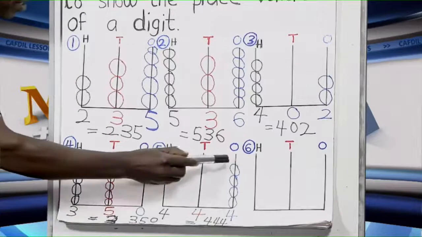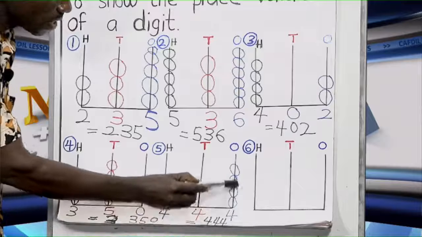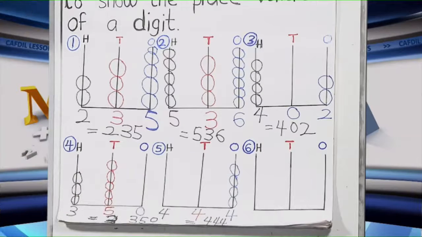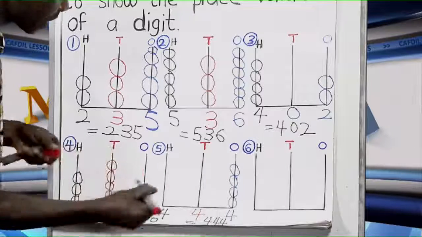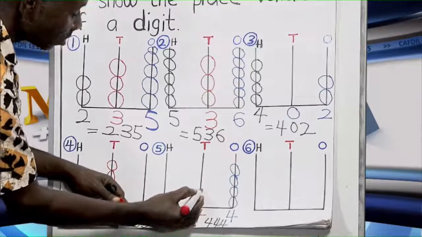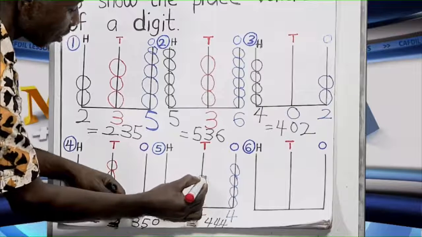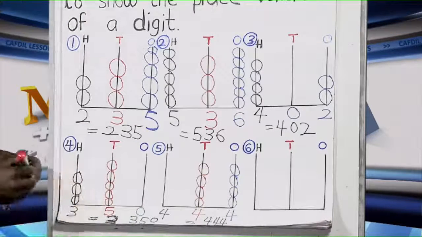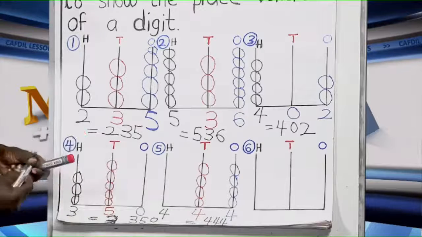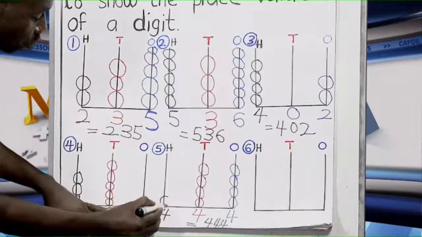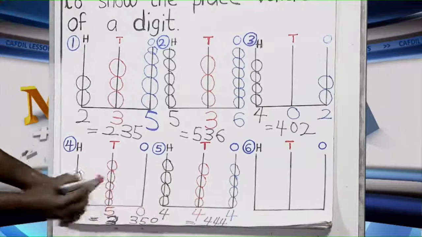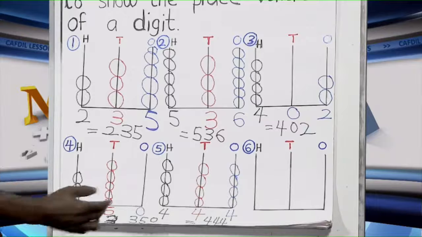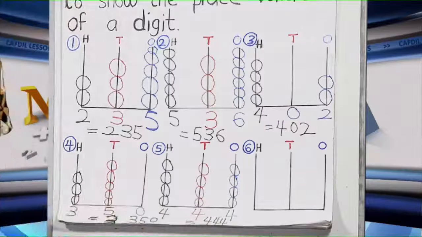So you can see that the ones over here are 4. And then under the tens column, we have 4. And we have to represent it with our circles. 1, 2, 3, 4. And then under the hundreds column, we also have 1, 2, 3, 4. So you can see that we have 4, 4, 4, but they are all not the same.